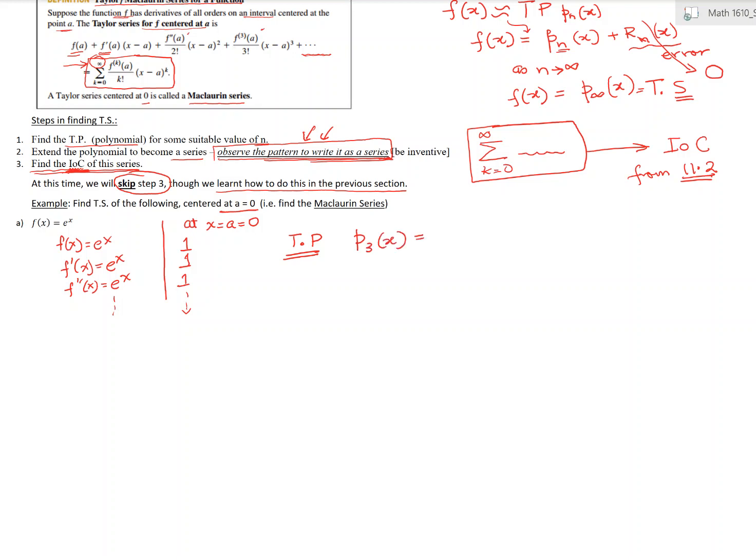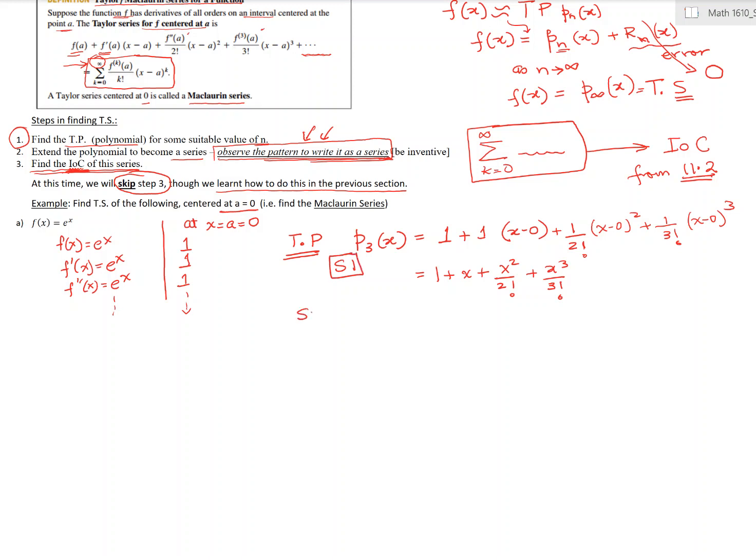So what would I have? f of a is 1, plus f prime at a, which is also 1, times x minus 0, plus 1 over 2 factorial times x minus 0 squared, plus 1 over 3 factorial times x minus 0 cubed. So this is step 1. I have done step 1.